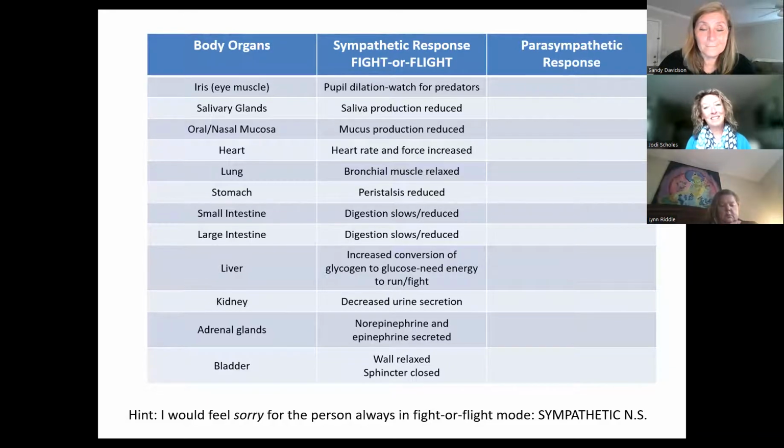But we have deadlines, we have traffic, we have other stressors that start to produce this fight or flight response. And the majority of human beings are still living in fight or flight response too often.